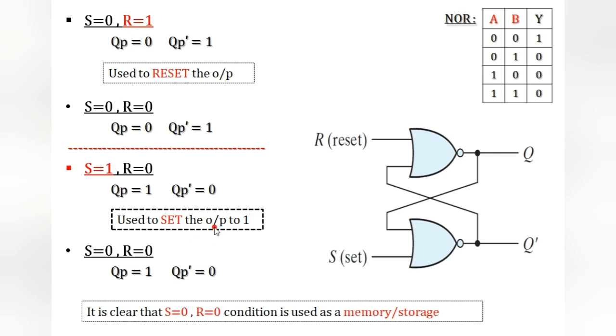The S0 R0 condition is nothing but the memory or storage condition, because in this condition it is used to store the previous data. Here the previous data is 1 0. Here the previous data is 0 1. So this condition stores the previous data. Till now we have completed the 0 0 condition, 0 1 condition, 1 0 condition.